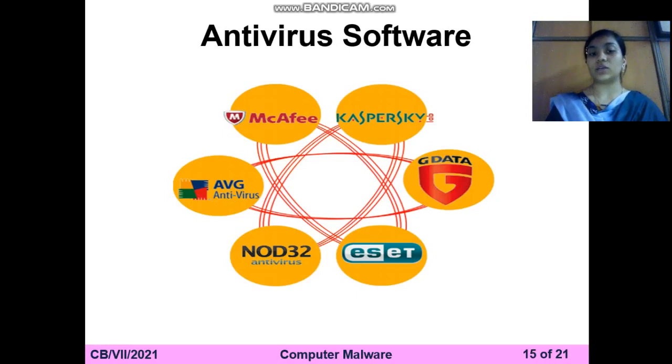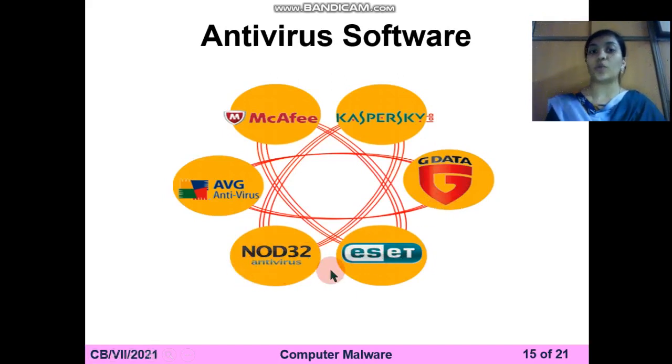For example, if you want to download AVG antivirus, which is the most famous antivirus software, just write down AVG antivirus download, and it will display how to download it. These are examples: AVG antivirus, McAfee, Kaspersky Lab, G Data, ESET NOD32 antivirus.